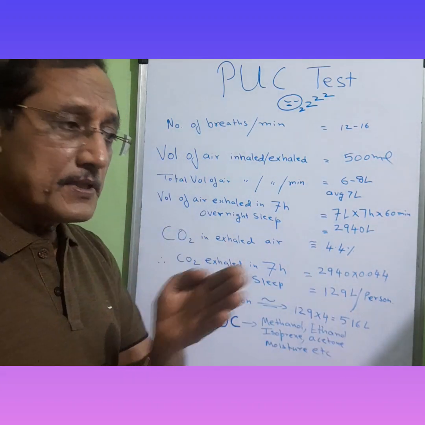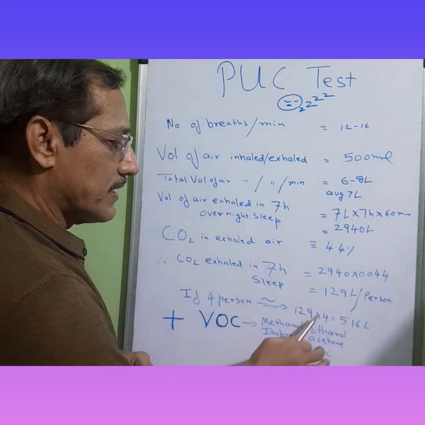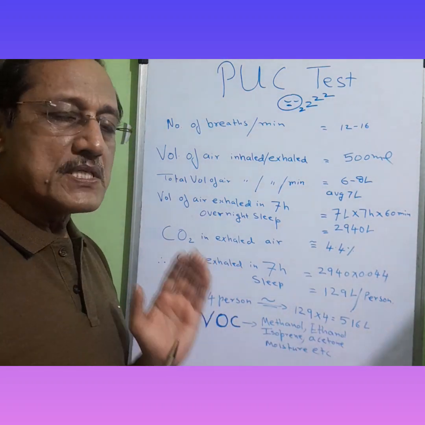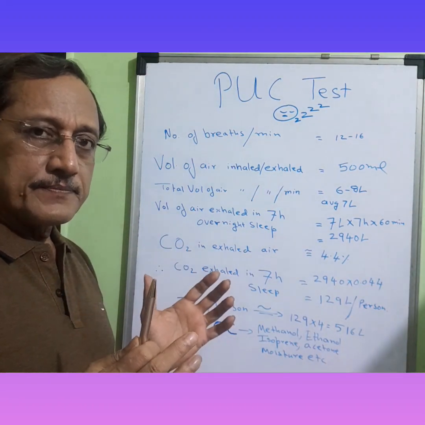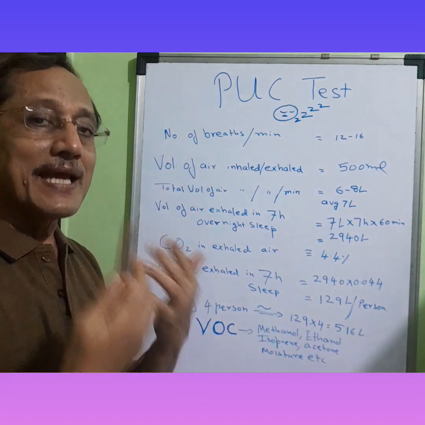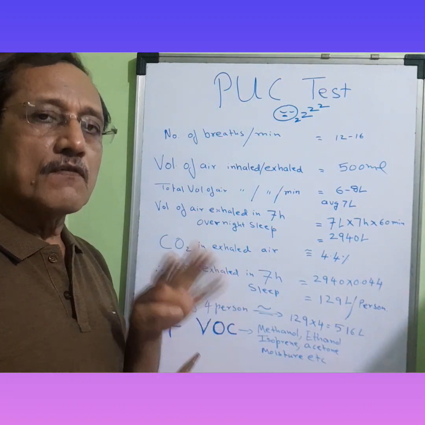Now suppose a family of 4 is sleeping in a room. Then it is multiplied by 4. So 516 liters of carbon dioxide is exhaled in a room which has a family of 4 people.